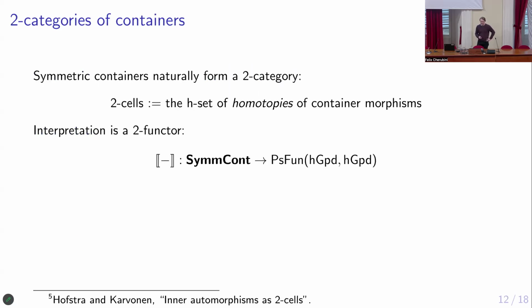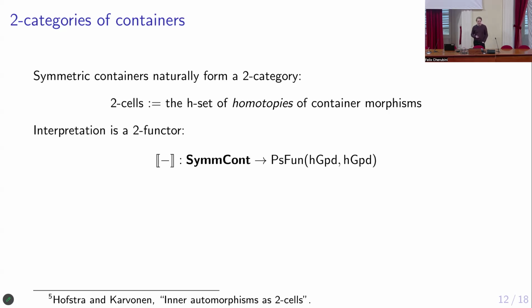The symmetric containers naturally form a two category. The objects are the containers, the morphisms are the obvious container morphisms you write down, but now equality of container morphisms forms an actual set, like you're comparing functions between groupoids. So the homotopies are a set, and this is not really a category anymore, but I guess a two category or a 2-1 category.